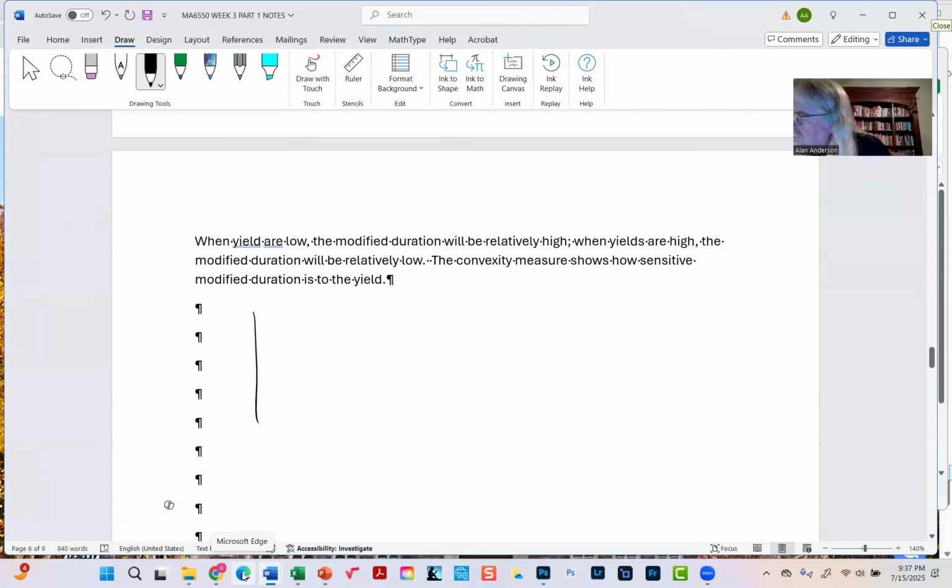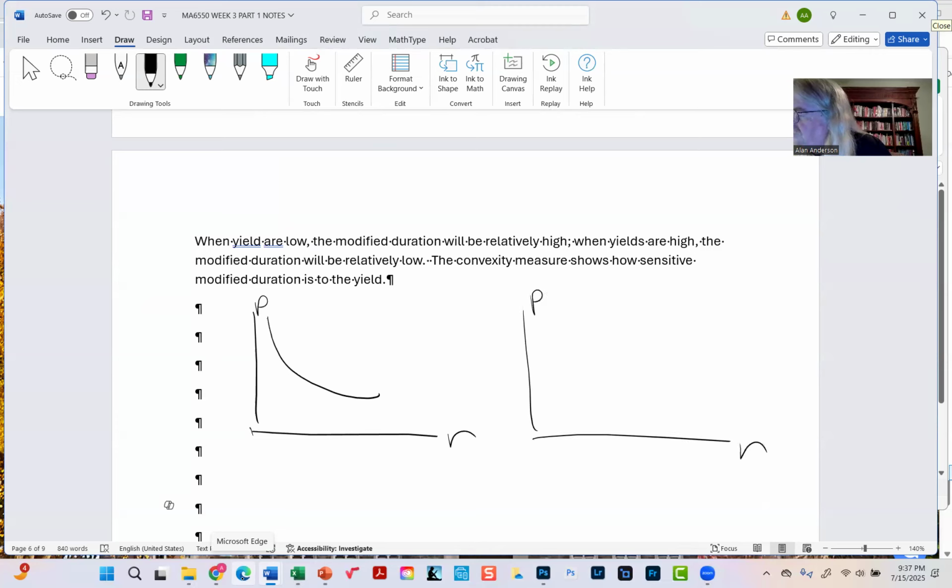Let's say I have these two bonds. The difference between the two is that the first curve has a very pronounced curve to it. It is extremely convex, let's put it that way. The second one is convex too, technically, but it's hardly noticeable. It's almost linear.